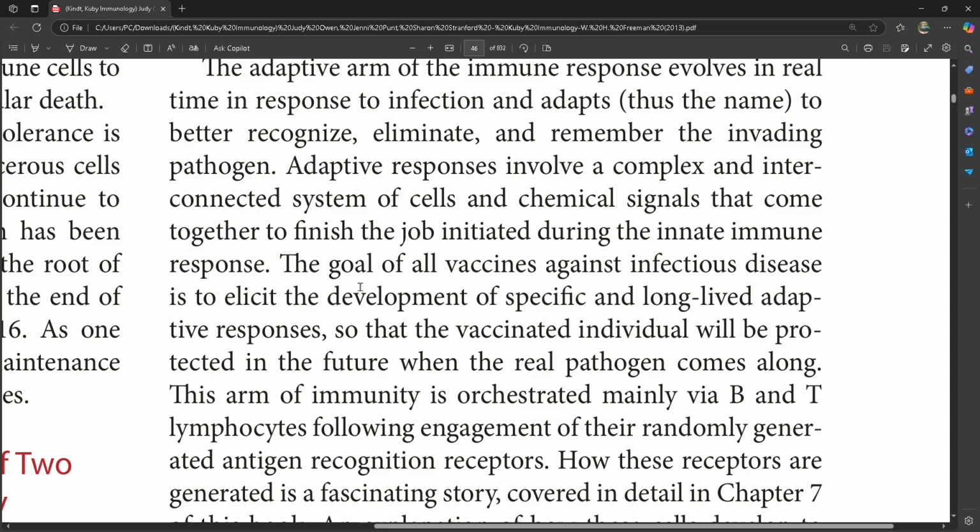So what is a vaccine? A vaccine is basically a part of the pathogen, or maybe heat-killed pathogen or attenuated pathogens. When it is injected in the body, it will induce the immune response and an adaptive immune response will be produced against it.